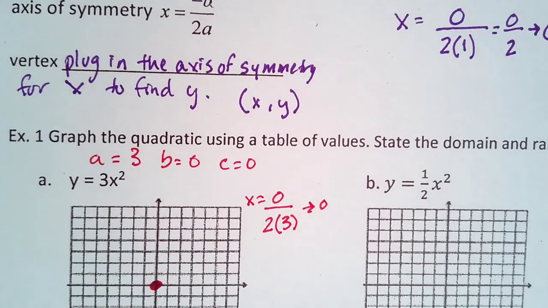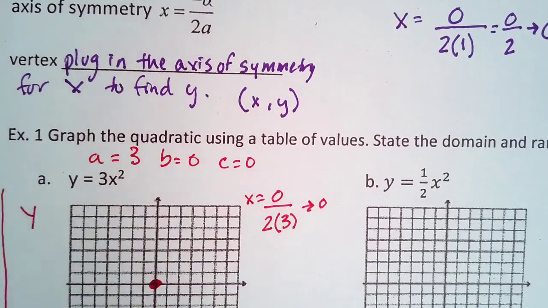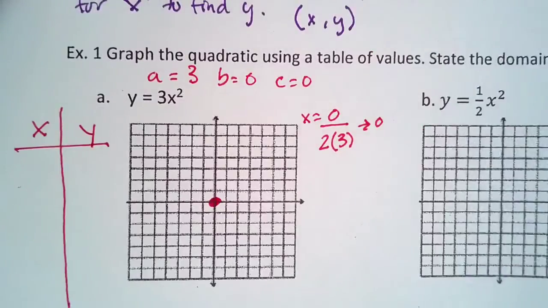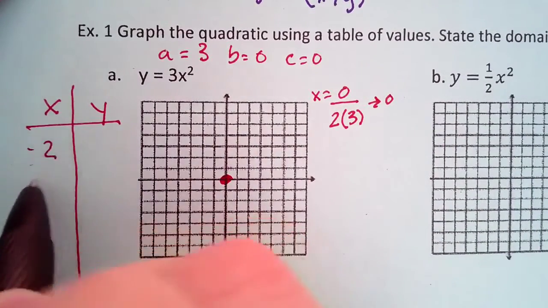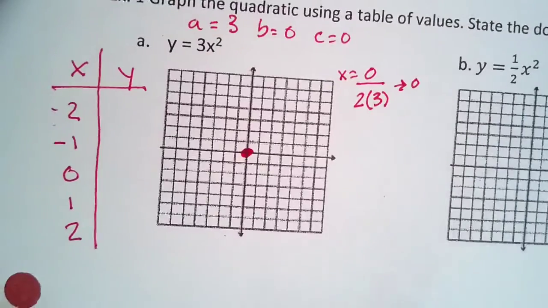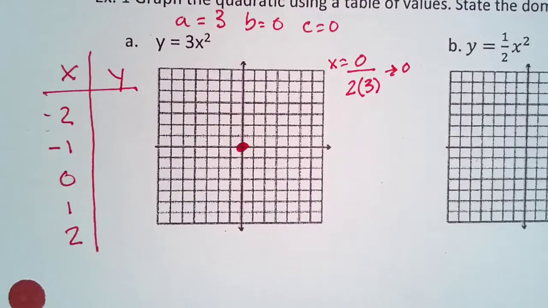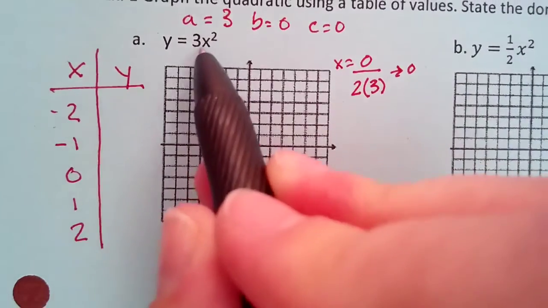So we're now going to go ahead and create our table. Knowing that problem A, problem B, problem C, are all going to be using these 5 x values. So I could do this by hand and plug in negative 2 for x.